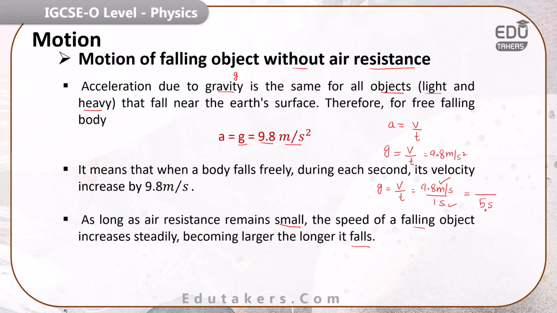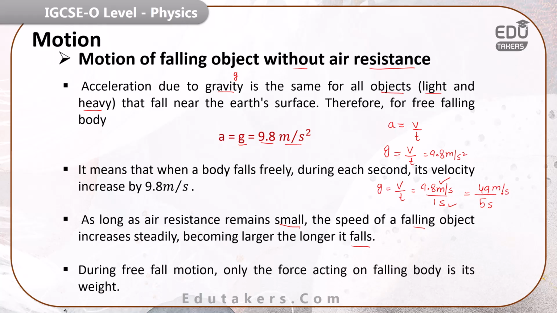It would be 49 meters per second. When you divide 49 by 5, you get the acceleration, which is 9.8 meters per second squared. So I can simply say that when the object takes longer to reach the Earth, its speed also increases accordingly.